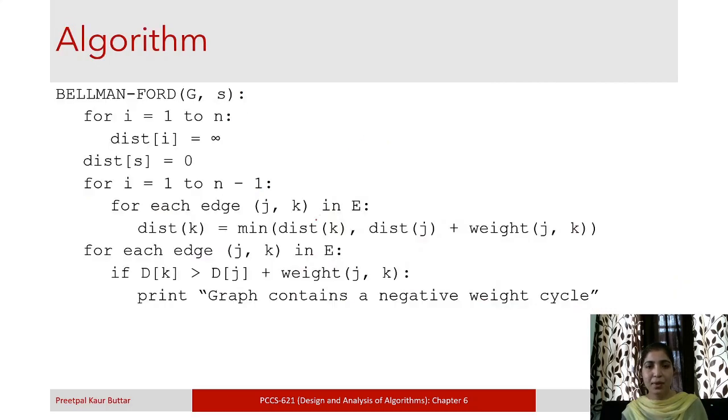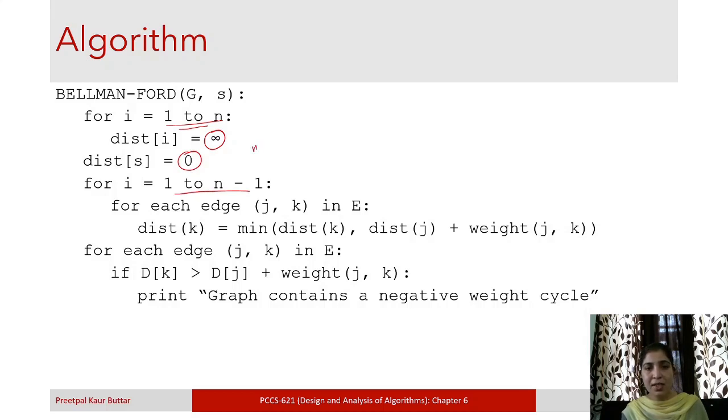Right. Now we will look at the implementation. The implementation is very similar to the explanation. Initially we set the distances of all the nodes except the starting node to infinity. We set the distance of the starting node to 0, and we run this algorithm.